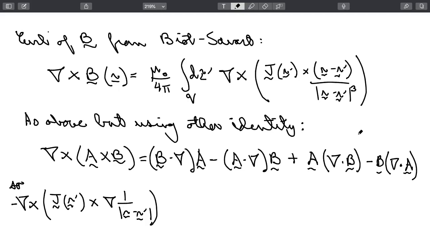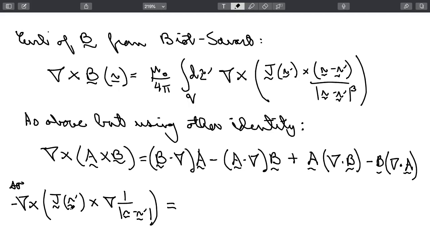Okay, so that's when things get fun, because once again we have here a function that depends only on r'. It does not depend on r. Therefore, any differential with respect to any unprimed coordinates acts trivially on this. It just gives 0. So lots of terms cancel.